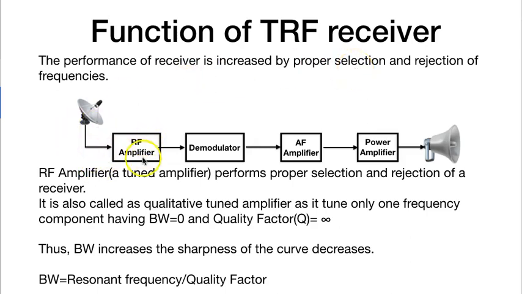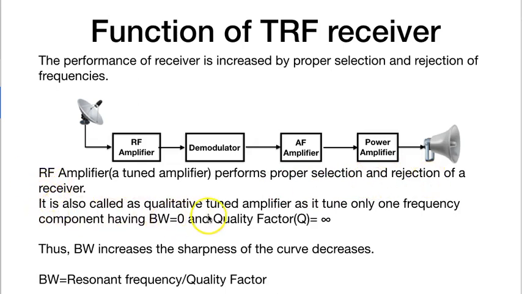The RF amplifier, demodulator, AM amplifier and power amplifier are the stages present in the receiver, and the signal is passed through all the stages to get the end product. An RF amplifier, a tuned amplifier, performs proper selection and rejection in a receiver.